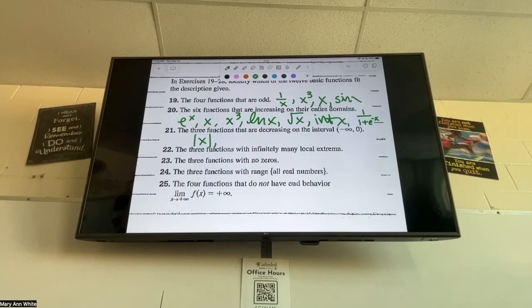Quadratic, the squaring one does. What else is decreasing on the left side of the y-axis? Not cubing. Reciprocal, there we go.